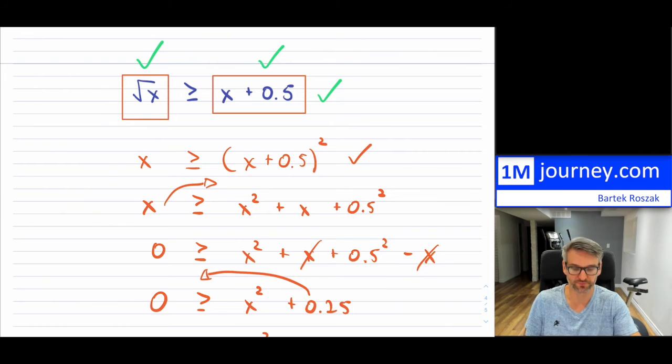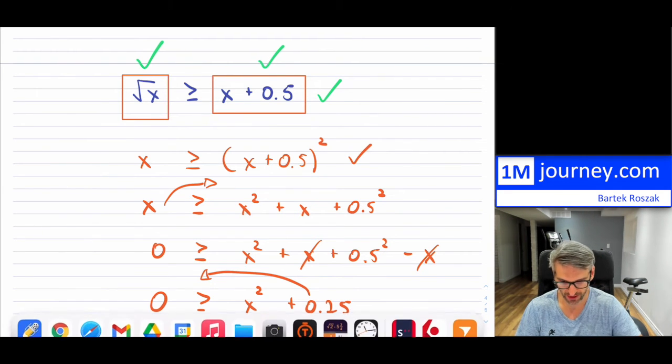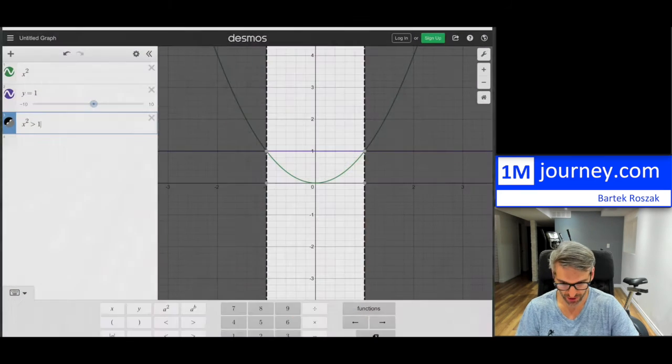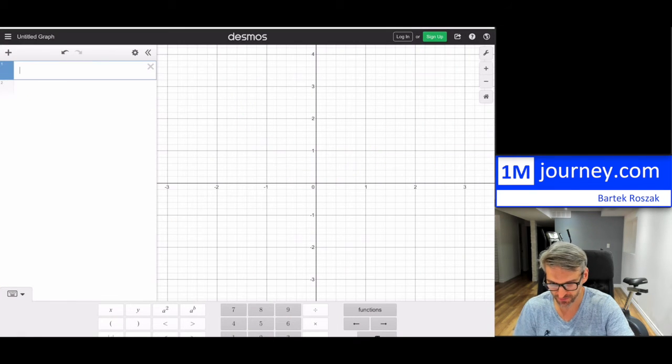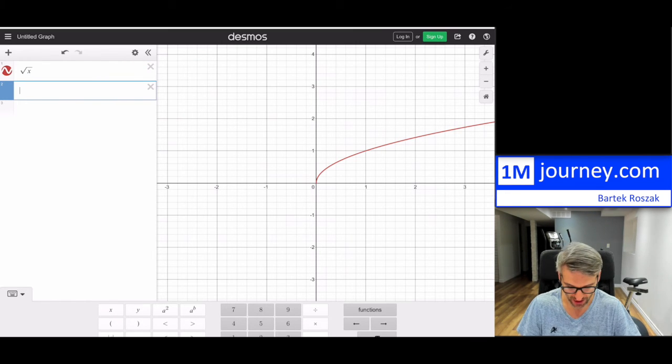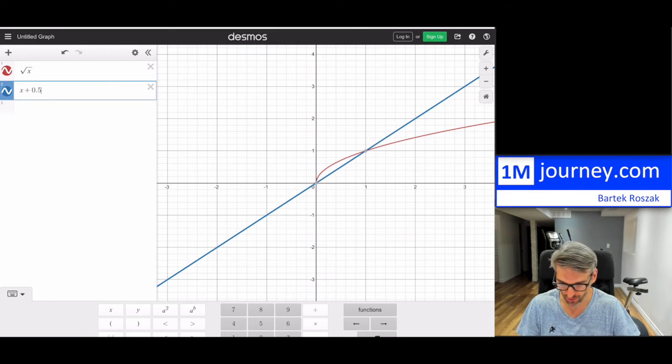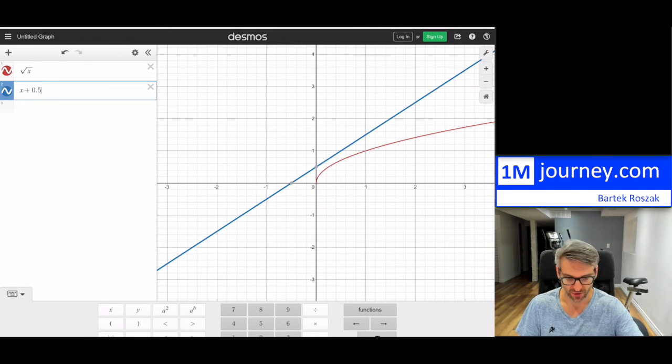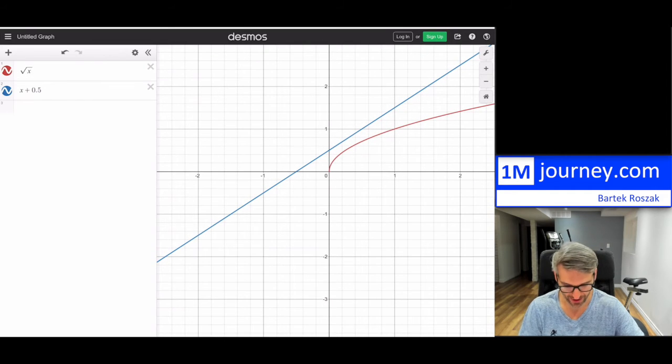So now I'm going to plot it in Desmos, let's say. Let me remove this. I have one of them, which is just the square root of x, and then the other one, which was x plus 0.5. So this is kind of what I had.